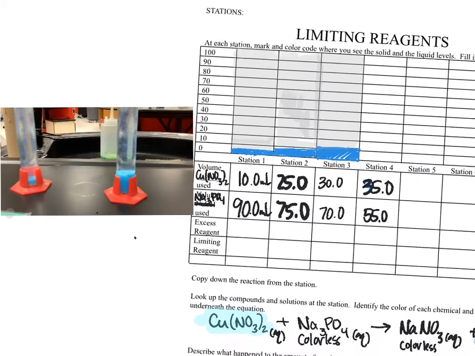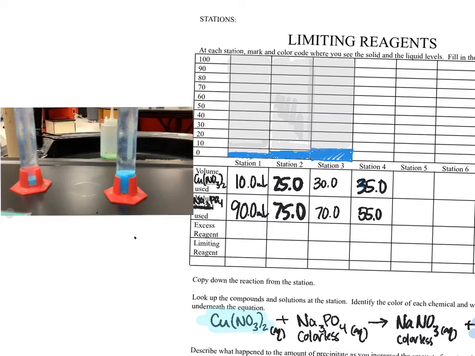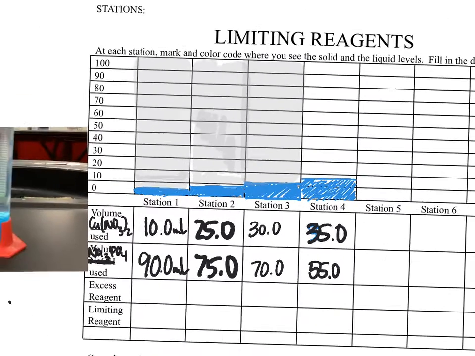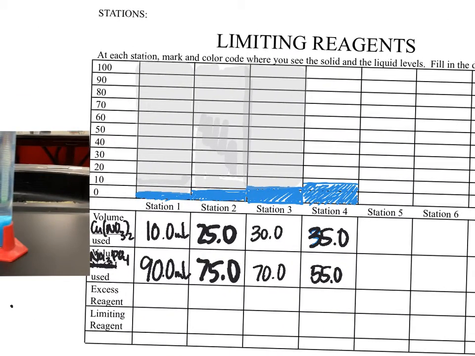That jumped up to almost 20. Let me zoom way in here. Maybe right about in there. Again, it doesn't have to be perfect on this. And it's still going to be colorless over the top.